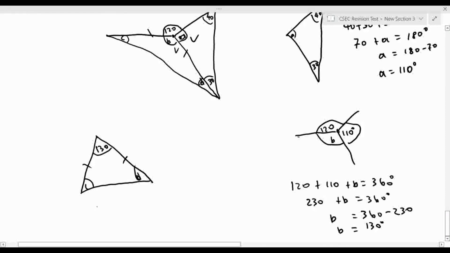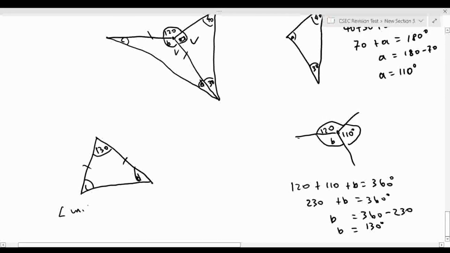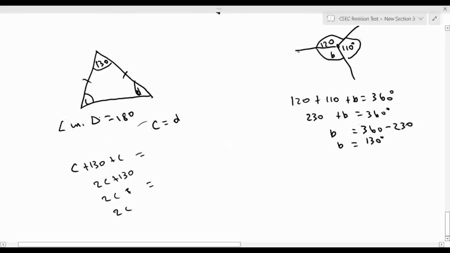Therefore, we know that firstly, angles in a triangle must equal 180 degrees. All right. So we know angles in a triangle equal 180 degrees, and we do know that if these two sides are equal, by the properties of an isosceles triangle, two angles are equal.